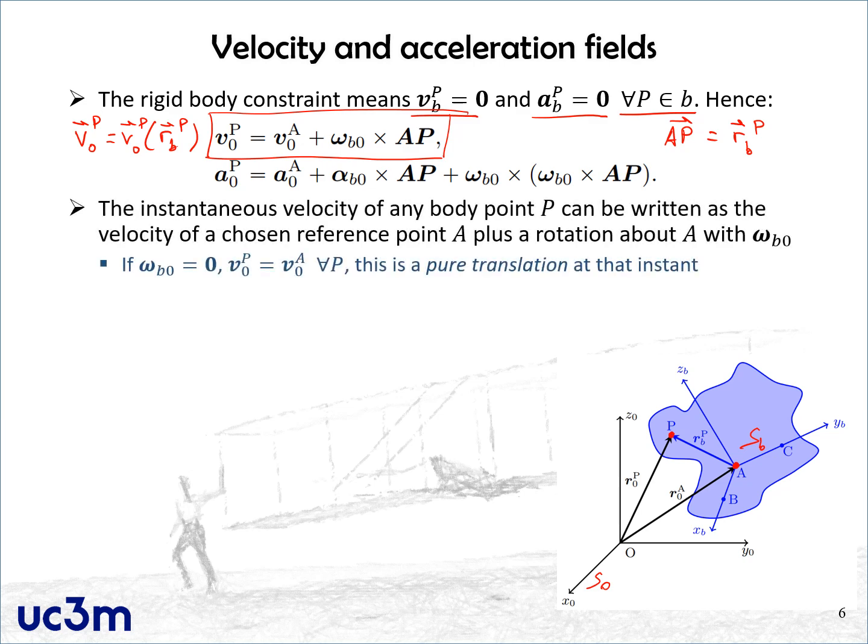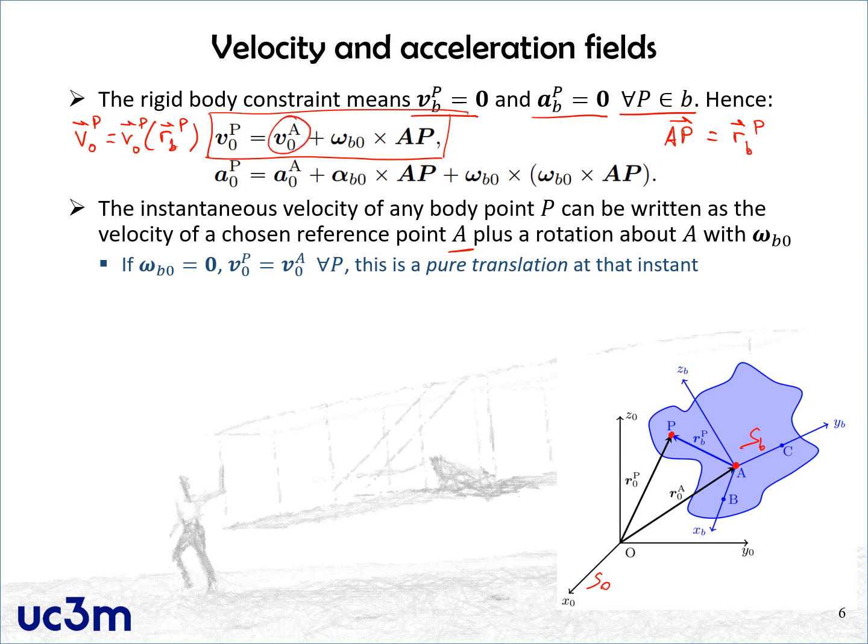Now, if we put our focus on the first expression, the velocity field, we observe that the instantaneous velocity of any point P of the rigid body can be thought of or decomposed as two terms, all right? We have on the one hand the velocity of an arbitrary point A, the point that we have chosen as our origin for this equation, this one.